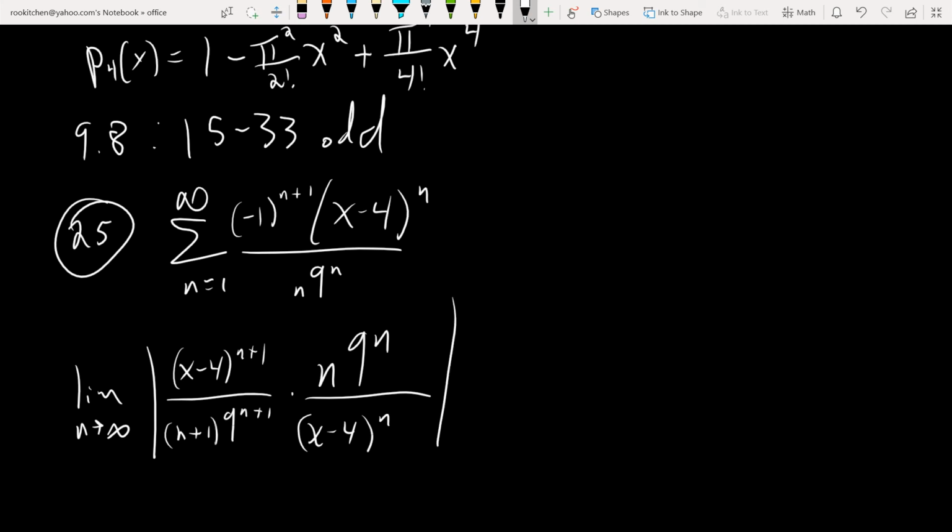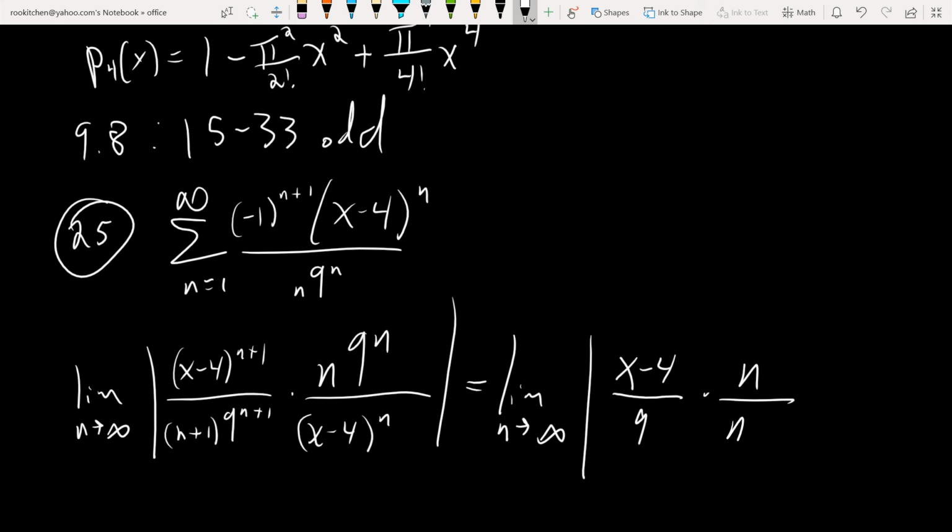Okay, exponent rules all over the place. So you're subtracting exponents when you do division. That will result in 1 factor of x minus 4 in the numerator. And the denominator will have 1 factor of 9. And then there will be an n all over an n plus 1.